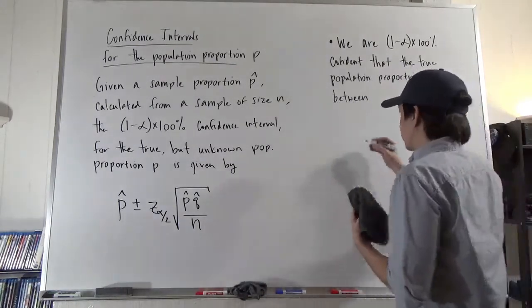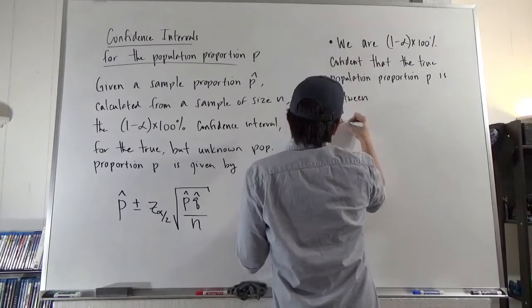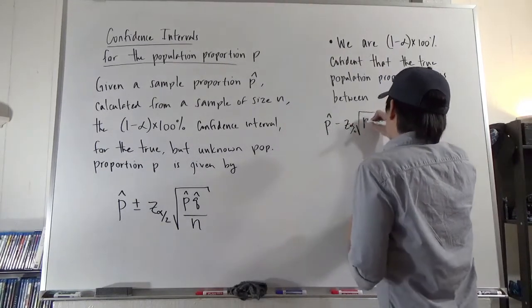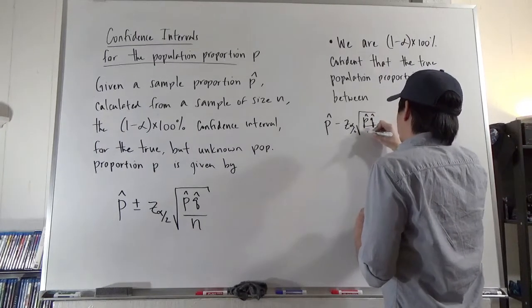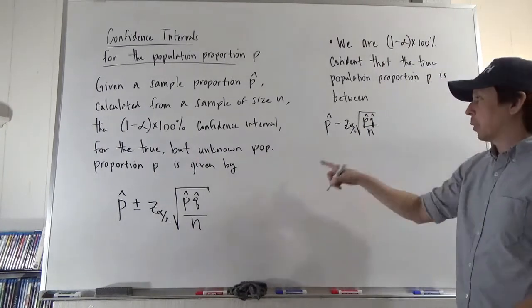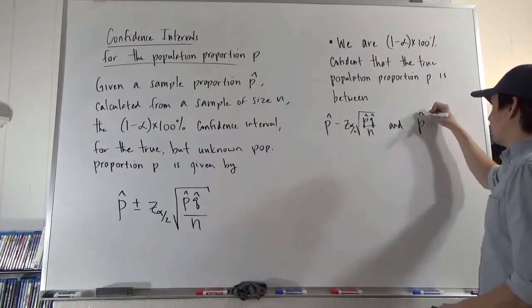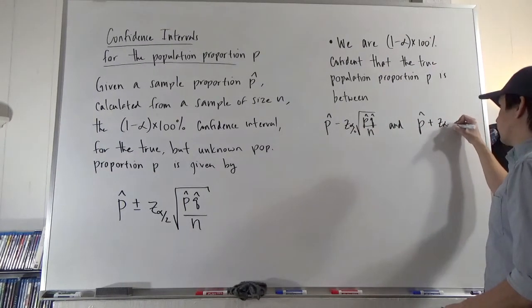And the lower bound is P hat minus the Z alpha over 2 times the square root of P hat Q hat over n. That's your lower bound, and P hat plus that same thing is your upper bound.